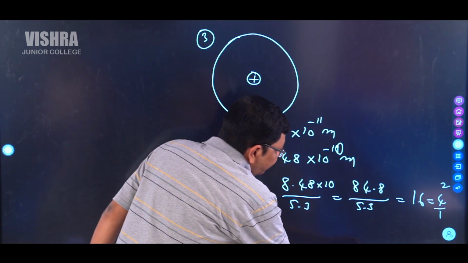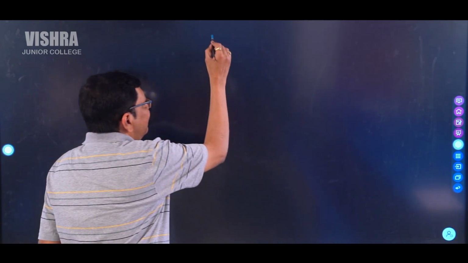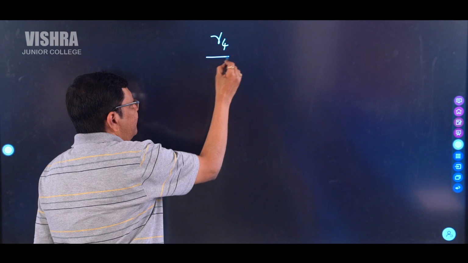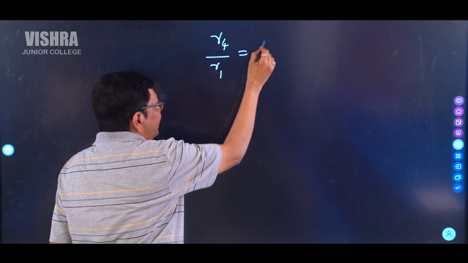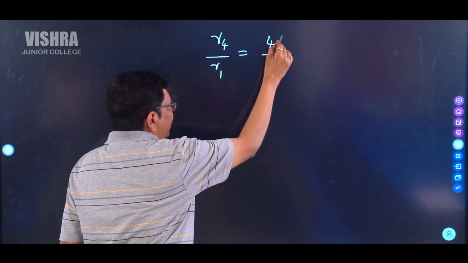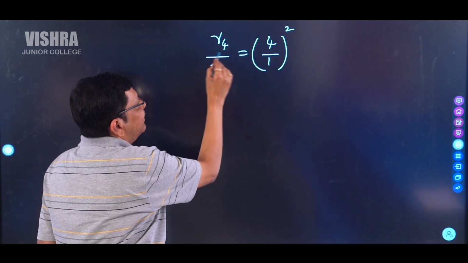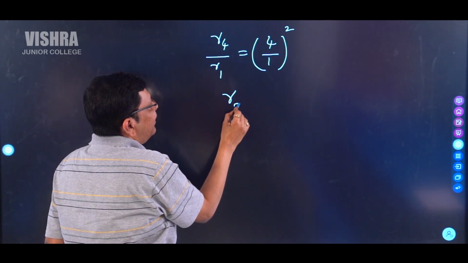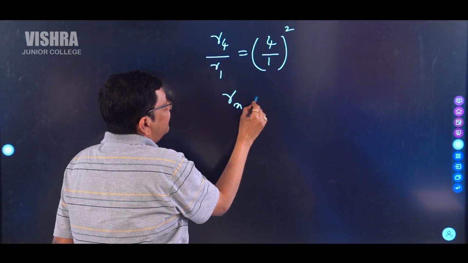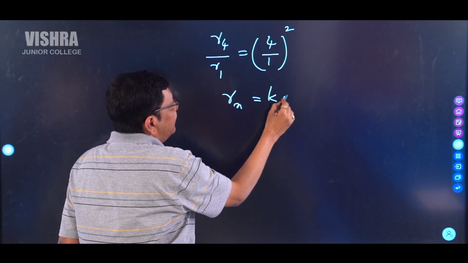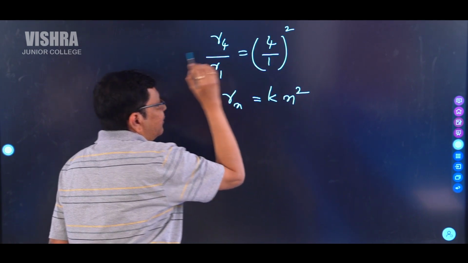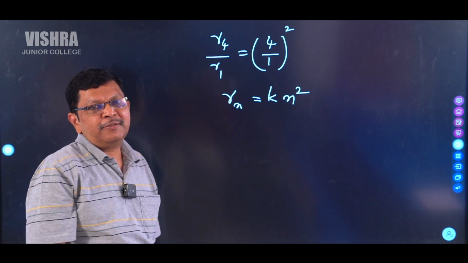So radius of fourth orbit to radius of first orbit is 4 divided by 1 whole square. This information is indicating that the radius of nth orbit is proportional to n square, r is equal to a constant multiplied by the orbit quantum number squared.